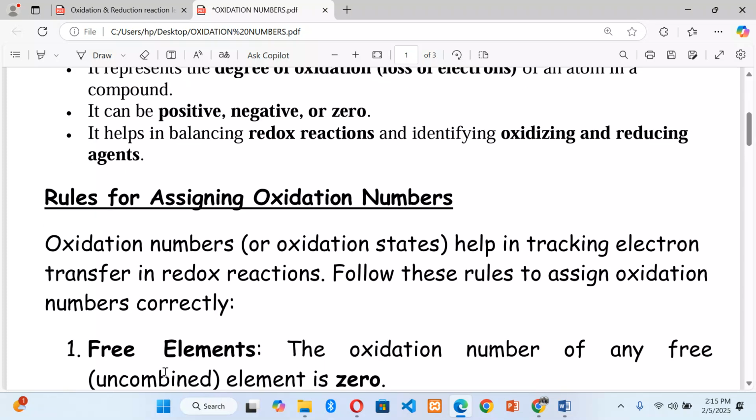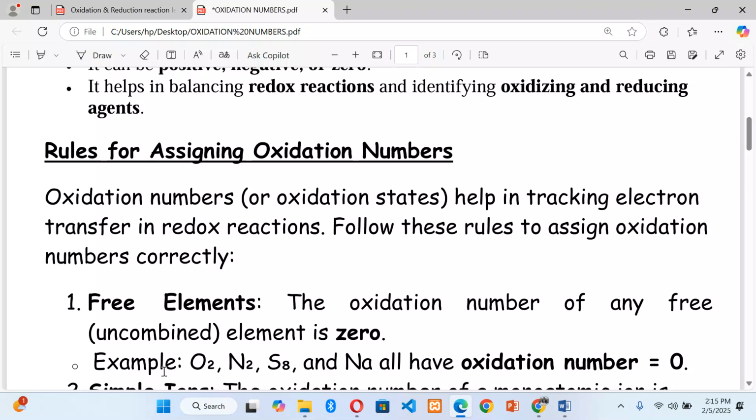Number one is free elements. The oxidation number of any free or uncombined element is zero. That is something we need to take note of.